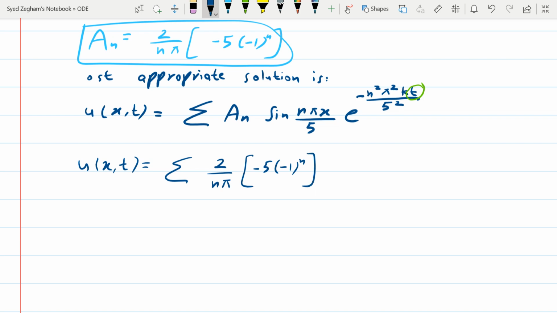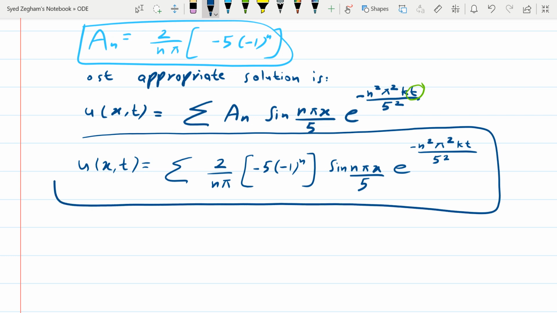This is my an. Then sine n pi x over 5 e to the power minus n square pi square kt divided by 5 square. So this is the solution of our heat equation.